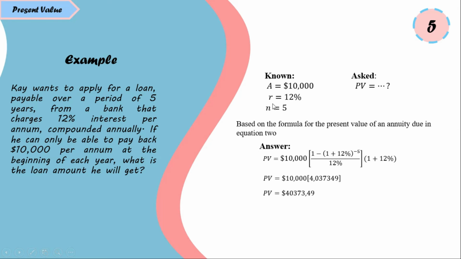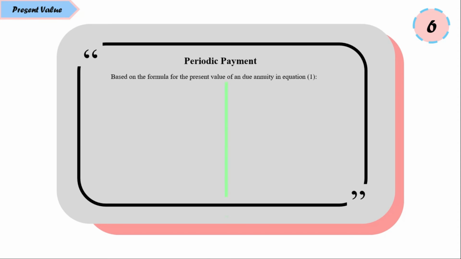Now A, R, and N are known, present value. We substitute the amounts into the formula for present value, and we can get $40,373.49.